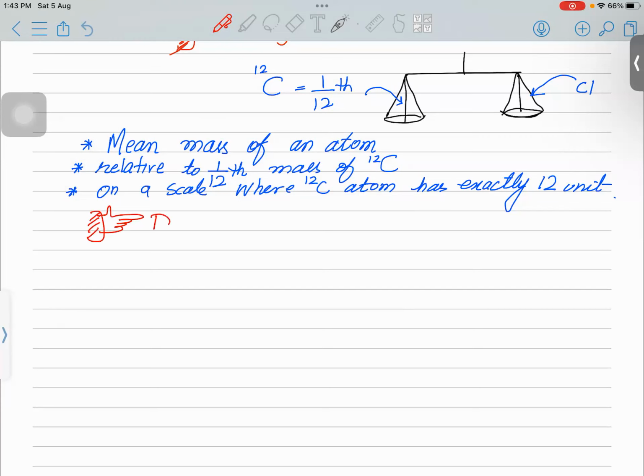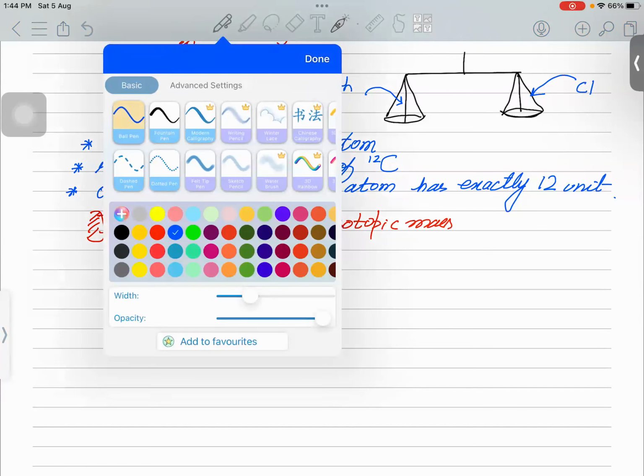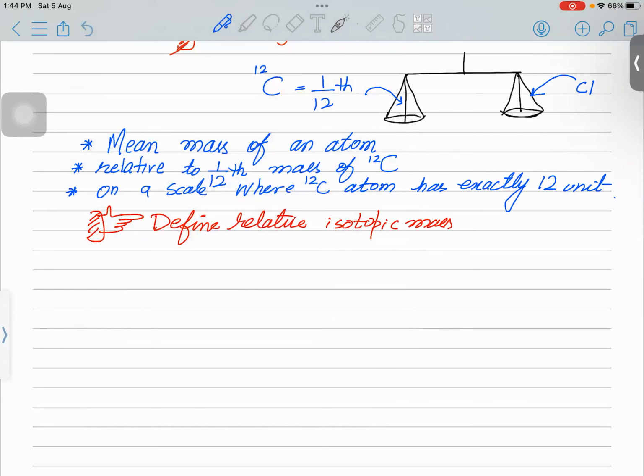Now next is define relative isotopic mass. (9701) variant 22 May June 2017.